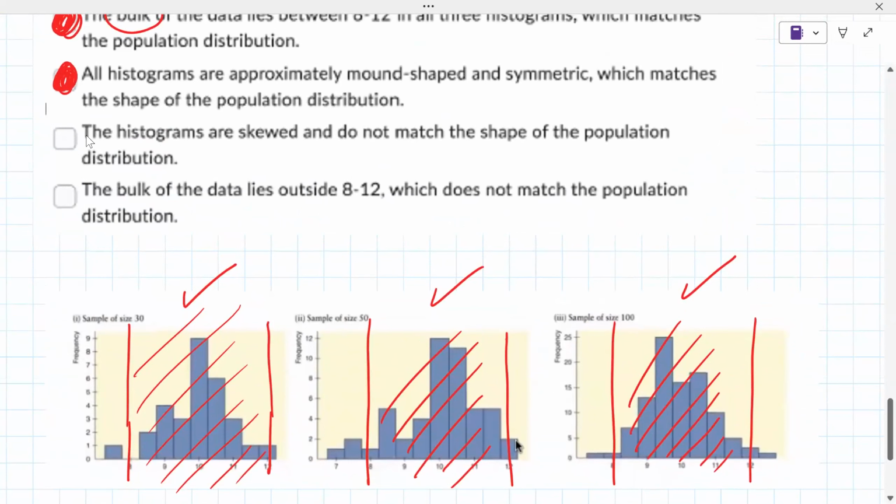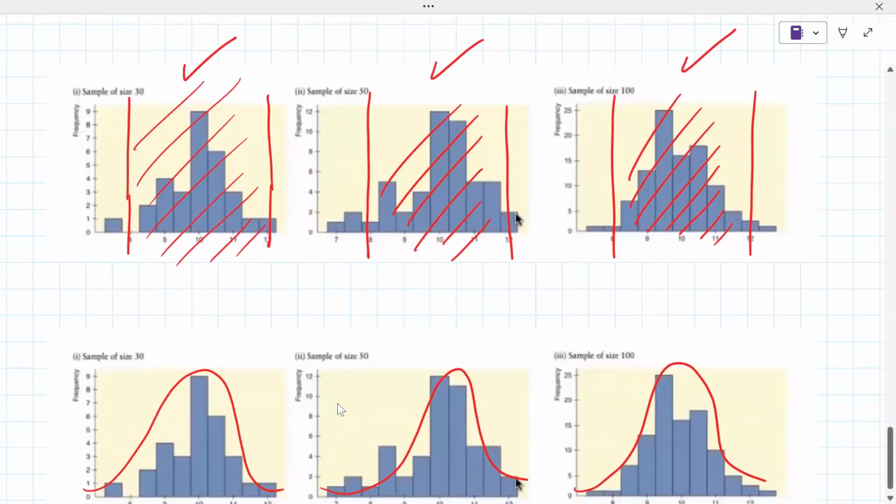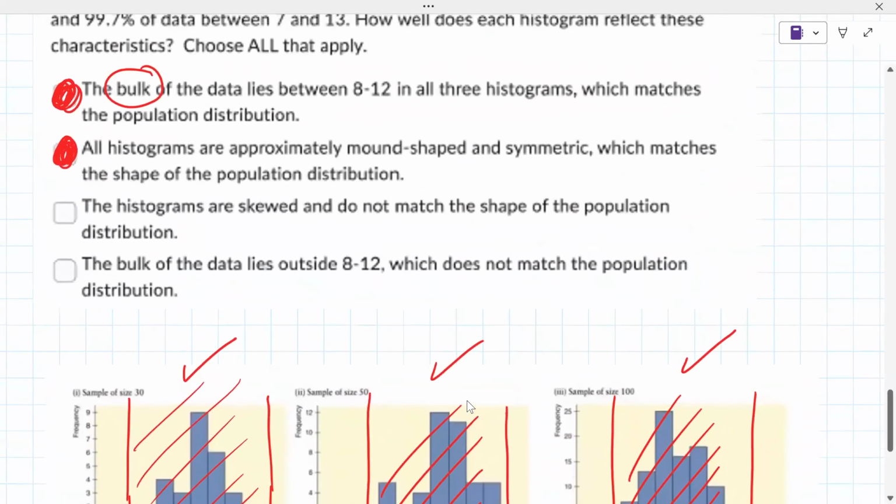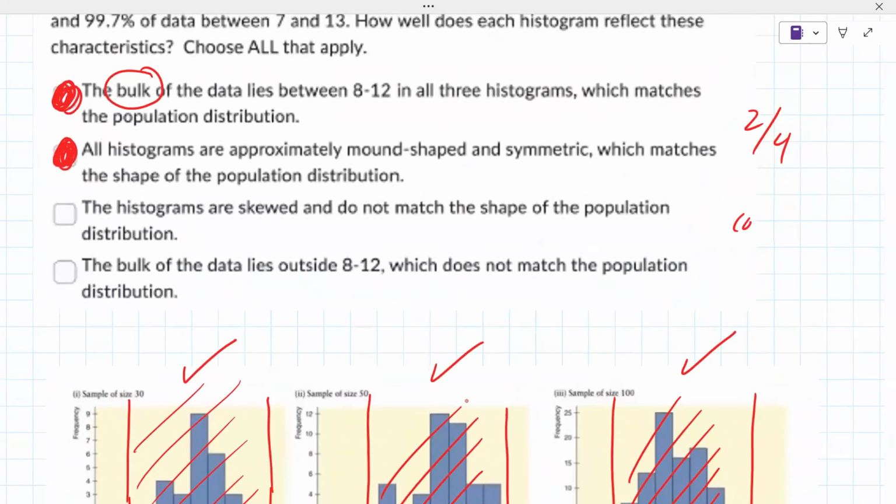The reason is the next one says the histograms are skewed and do not match the shape of the population. This one maybe kind of is, but the other ones are pretty good. And we know that probably 2 of the 4 are correct on these things. That's the typical pattern, because when they're square like that, there are 2 to 3 answers.